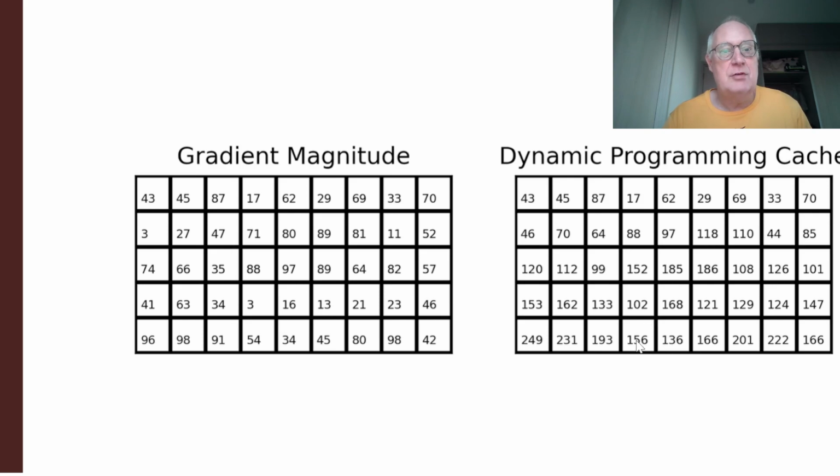If I now want to remove 156, that's not going to work, because the path through to 156 also goes through the same pixel 102. But that pixel is already gone, so I cannot remove it again, which is why I need to recalculate the carve, the sum array, the dynamic programming cache, every time after I remove one seam.